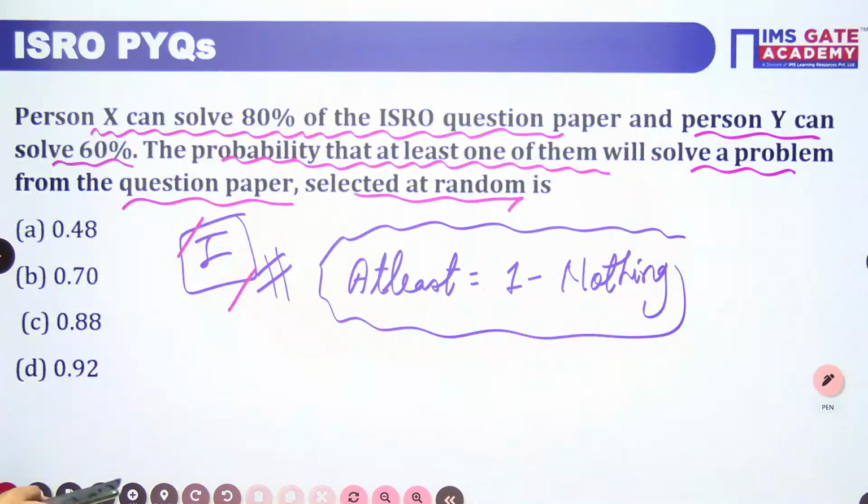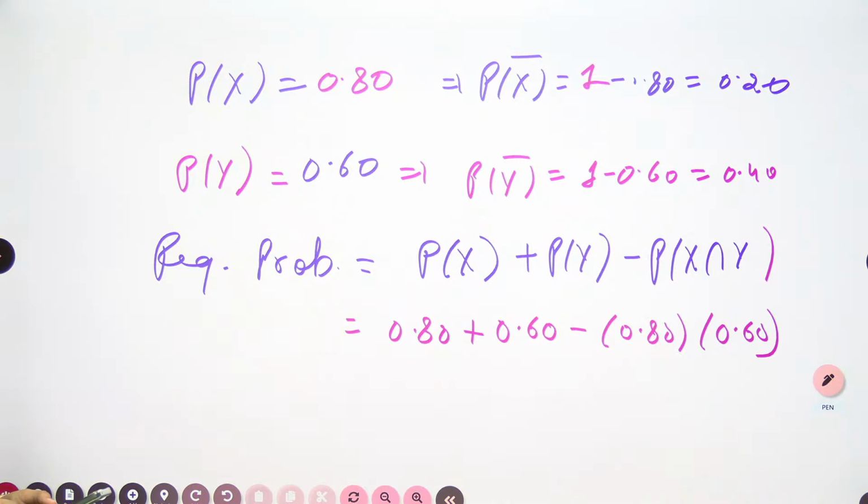We are having options also. So we can directly solve. This is giving me 0.92.